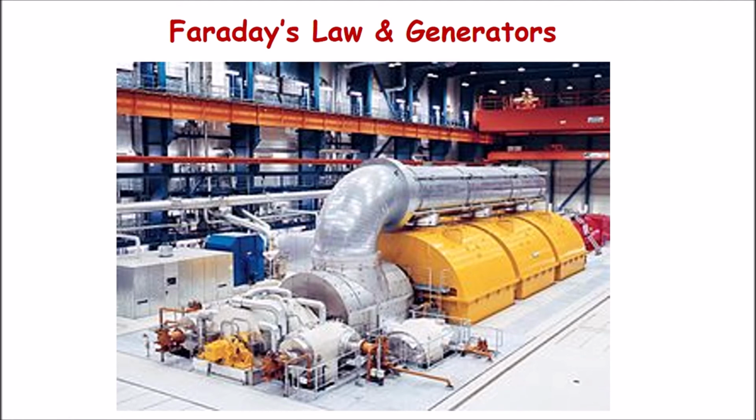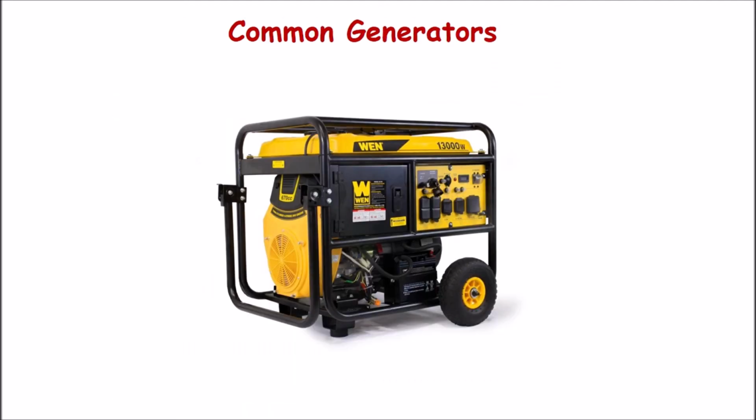So there are different generators that you might have seen around your house. Some of you might have a generator that looks something like this. This is a portable generator. If your electricity goes out, you can start this up. It runs on gas. You can plug a few electrical things into here, and it's 13,000 watts.